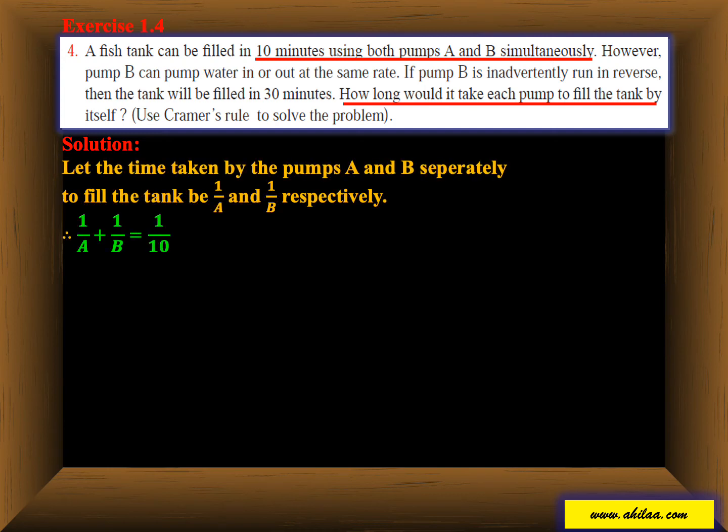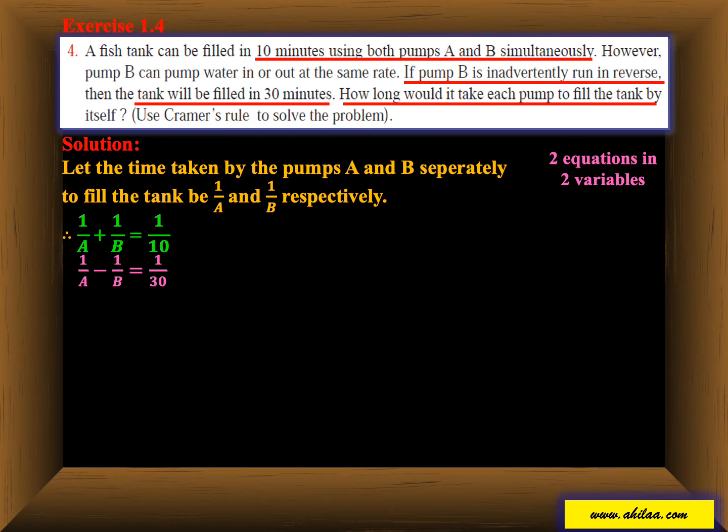So the first equation goes as 1 by A plus 1 by B equal to 1 by 10. Next, when pump B is run in reverse, the tank will fill in 30 minutes. So the equation goes as 1 by A minus 1 by B equal to 1 by 30.